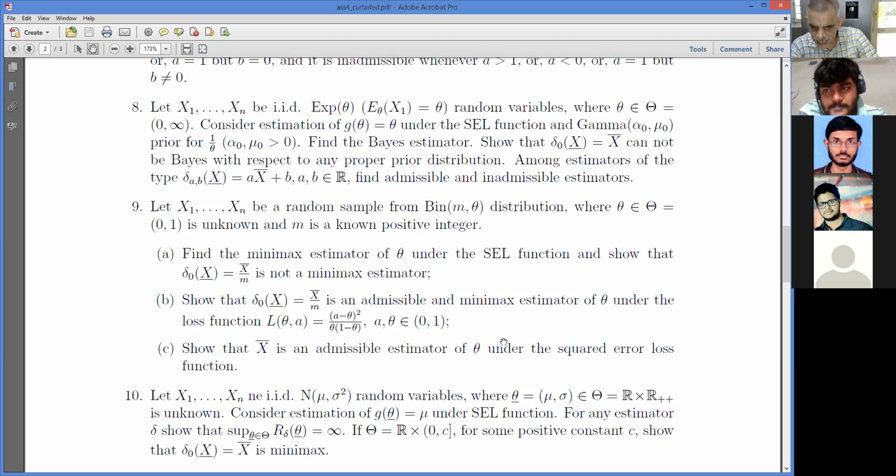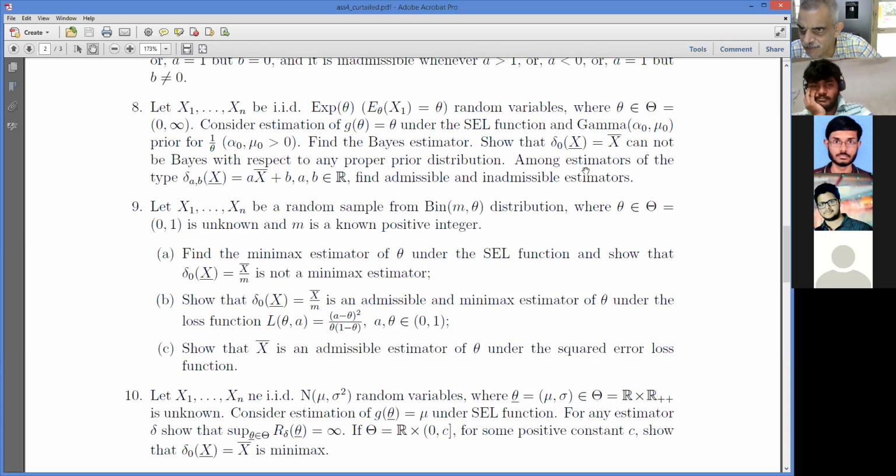So the loss functions are exactly the same, except that in L star you have multiplied by W(theta), a weight function. Then any estimator which is admissible under L(theta, a) would be admissible under W(theta) L(theta, a). That is the general result.